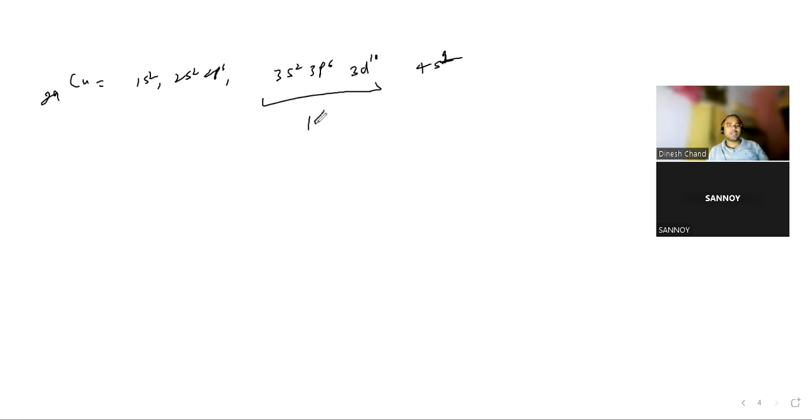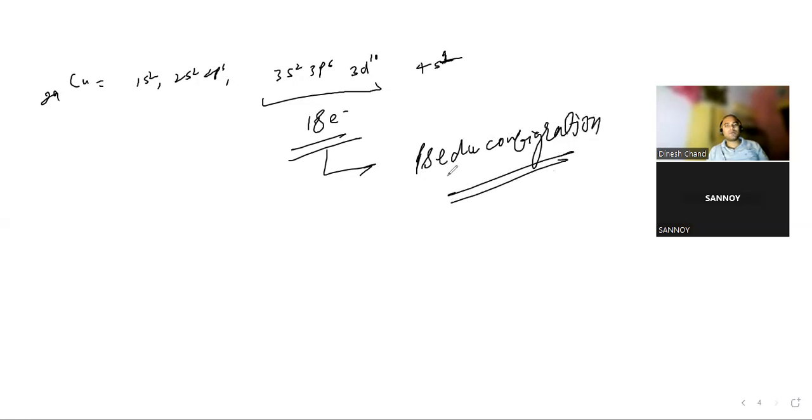So here how many electrons are there? 18 electrons: 10, 6 and 2, 18 electrons. So this type of configuration is considered to be pseudo configuration. If there is pseudo configuration, the polarizing power increases.